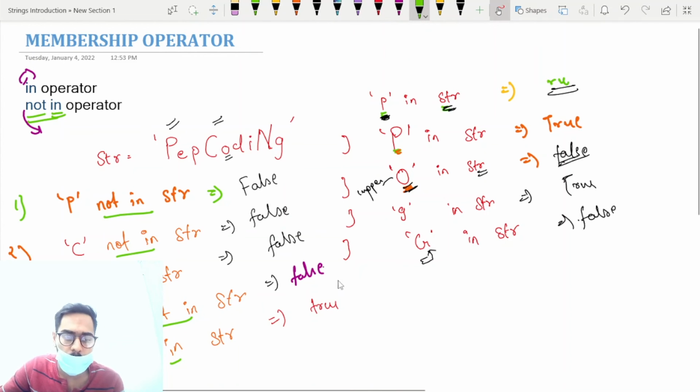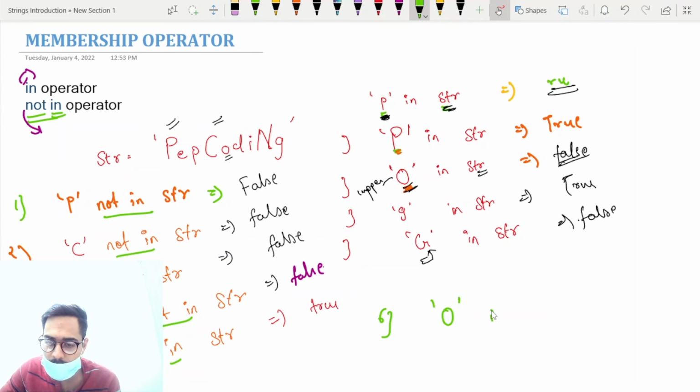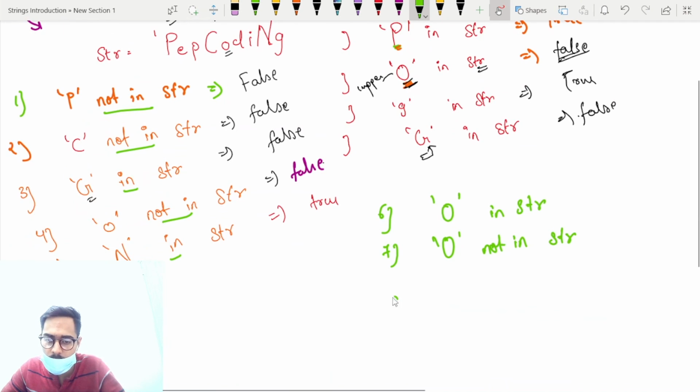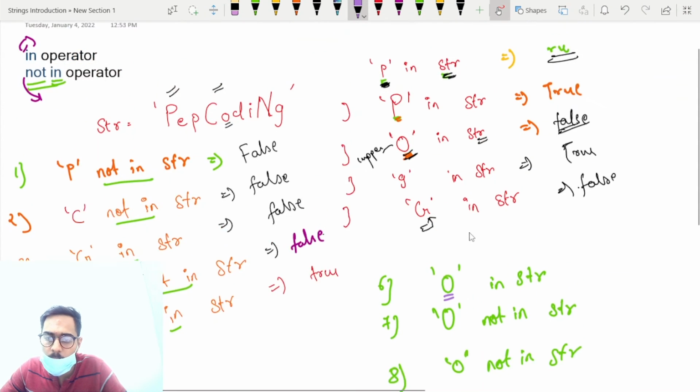I'll be writing some more things like this, since this was confusing. Capital O in str, the seventh one, capital O not in str, and again one more, O not in str. So what will happen? The first one, capital O in str.